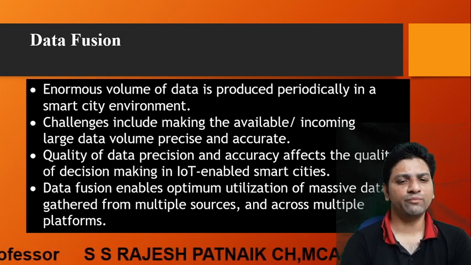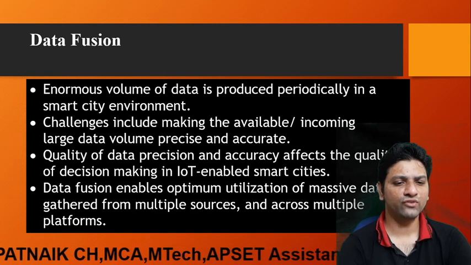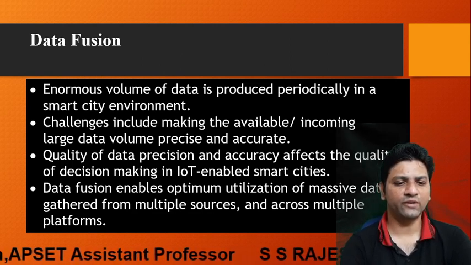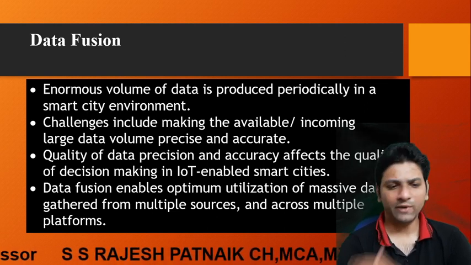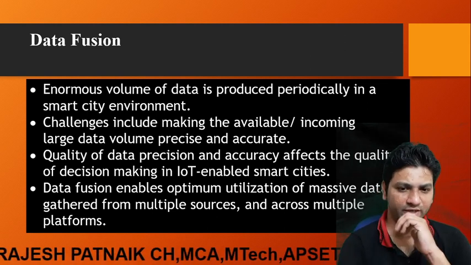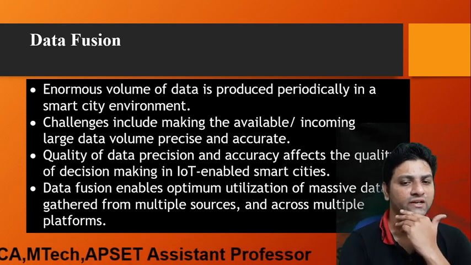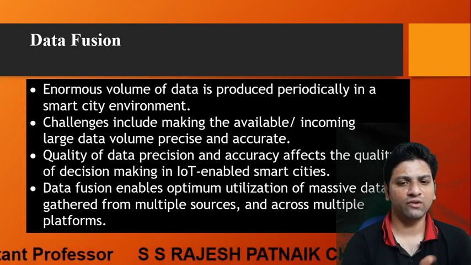Challenges include making the incoming large data volume available, precise and accurate. One good example we already discussed is when the camera is continuously monitored by organizations, the data makes a request to the cloud, and the cloud provides the service.